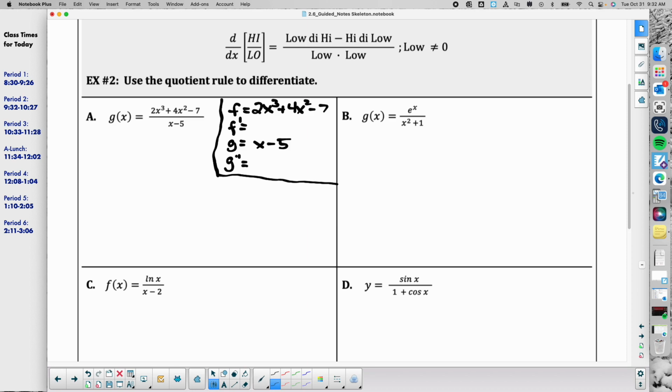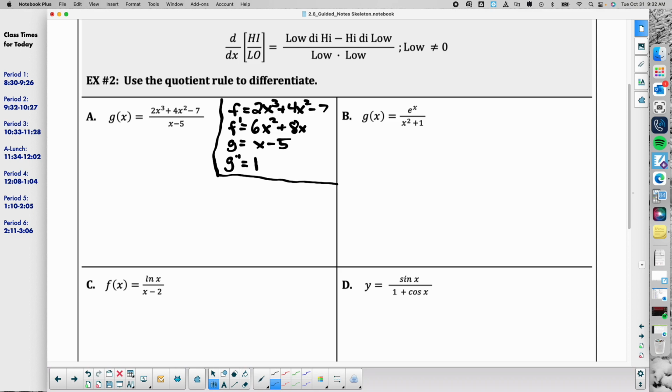So this f prime would be 6x squared, 8x to the first, 0. X minus 5, the derivative of 1x would be 1. Derivative of minus 5, nothing. So those would be our 4 parts.